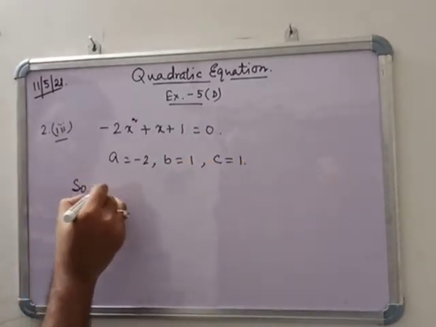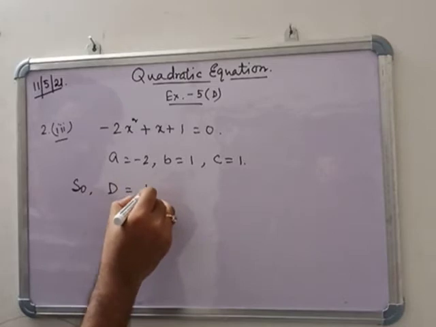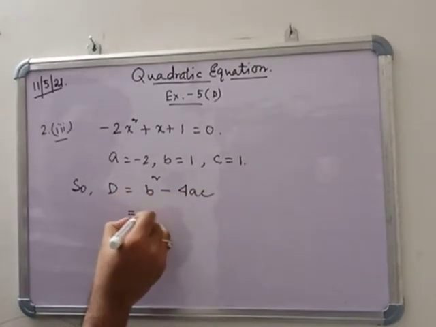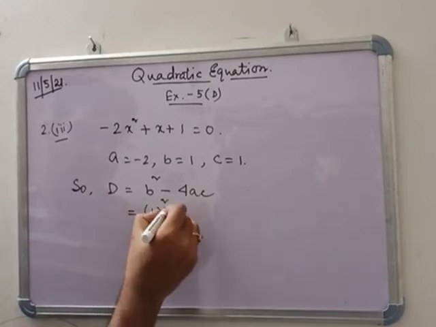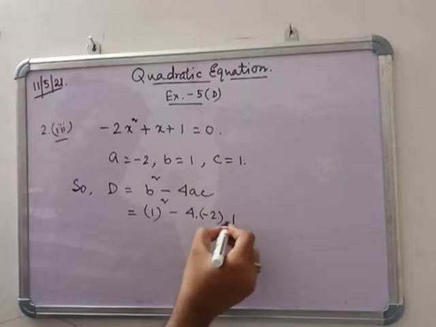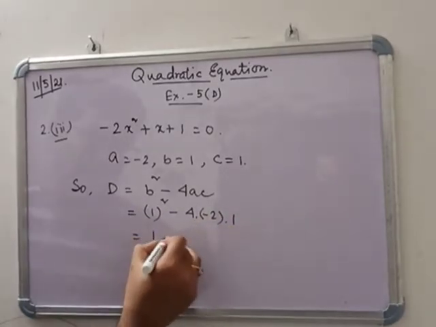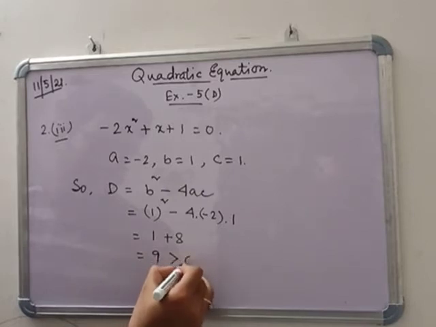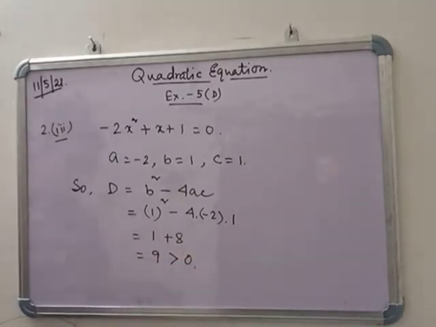So D equals b square minus 4ac equals 1 square minus 4 into minus 2 into 1. That means 1 plus 8, that is 9. So 9 is greater than 0, and greater than 0 means two real and distinct roots.